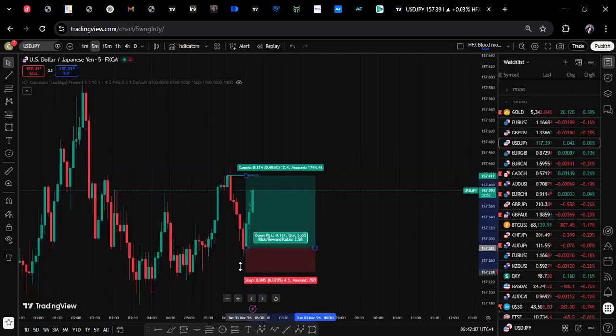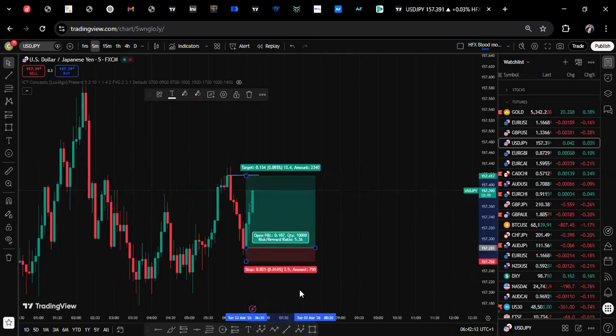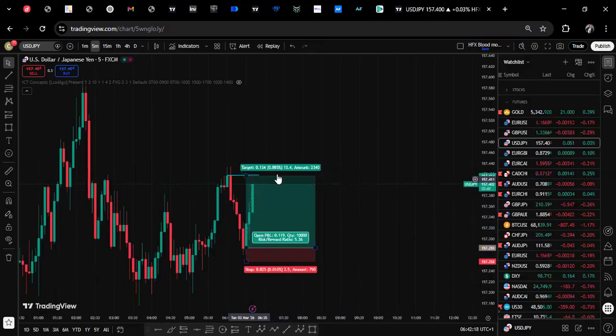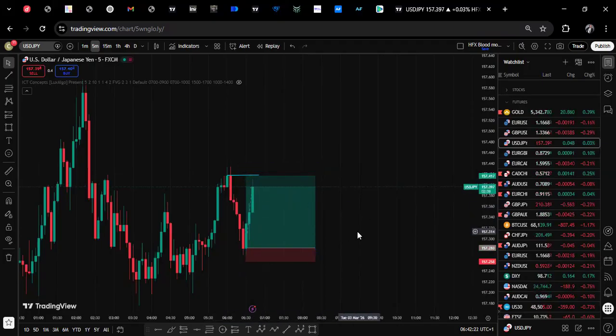Your SL is just below here. You can go to your MT5 and replicate the same thing. Just adjust your SL and your TP to this very price.